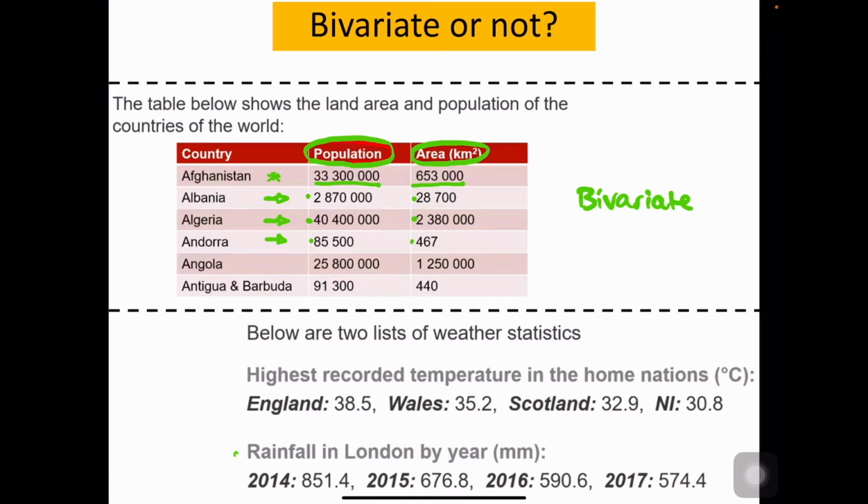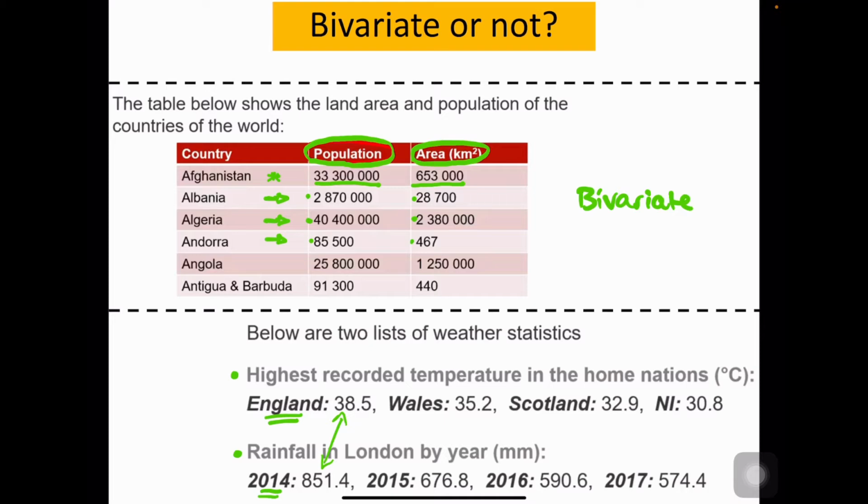So here we have one variable, here we have another variable. The temperature and rainfall, they're both variables. Having said that, these values are not paired up, because here it says England, which is a country, and here we have a year.